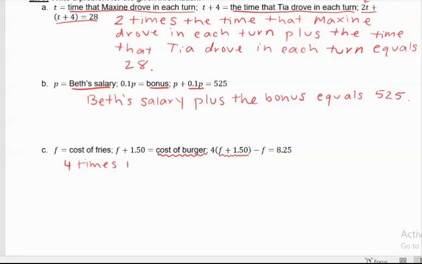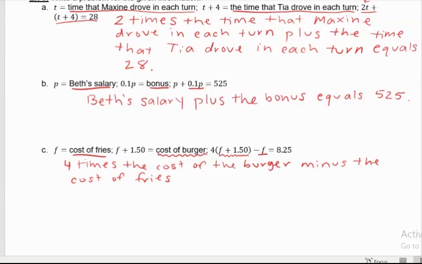So 4 times the cost of the burger. Then I have minus F. Now, minus F, I know F means the cost of fries. So minus the cost of fries equals 8.25. So $8.25.